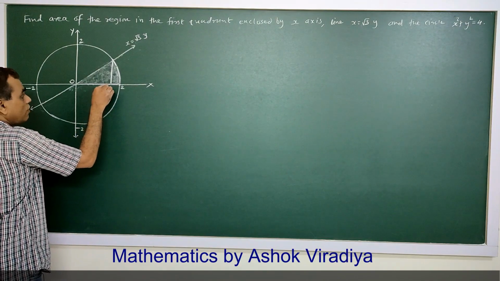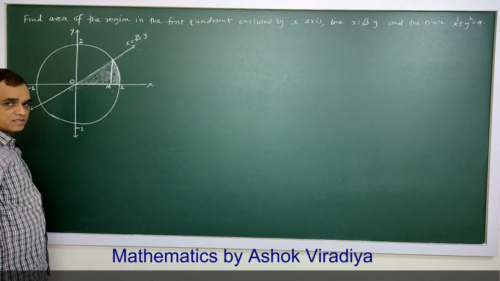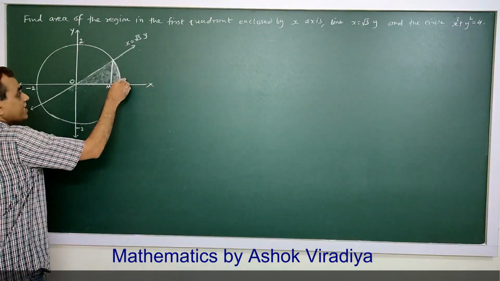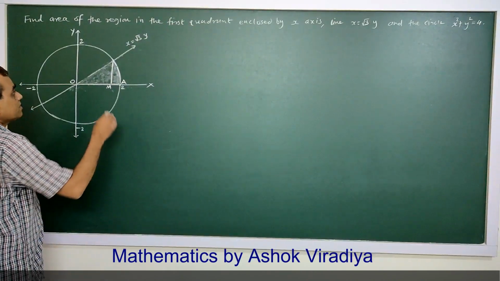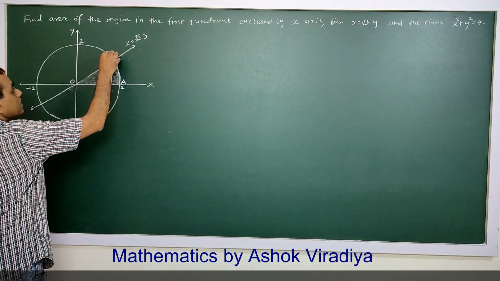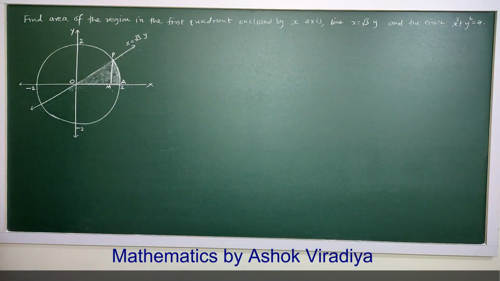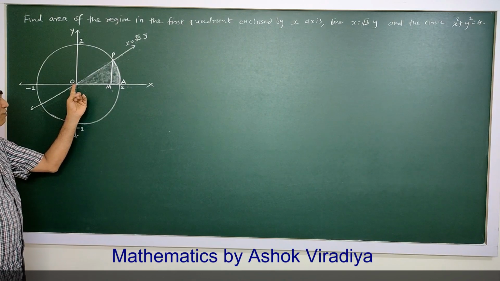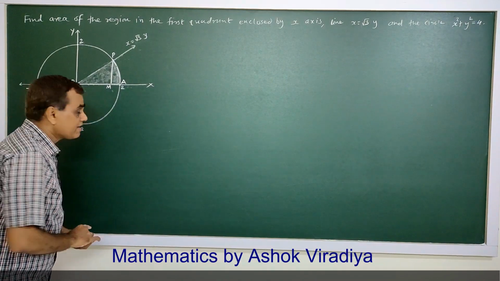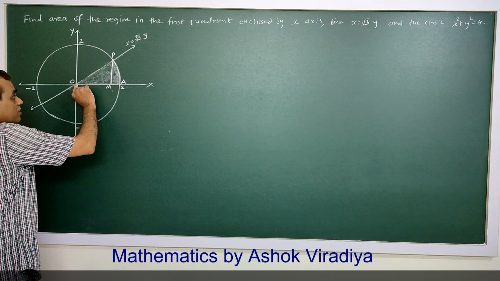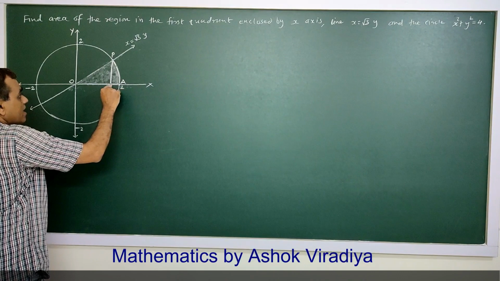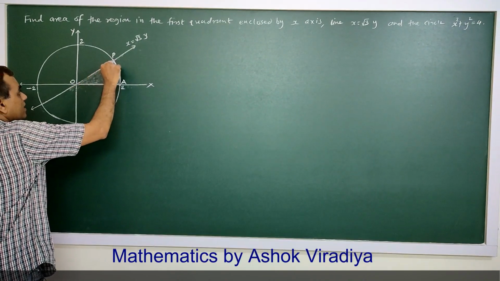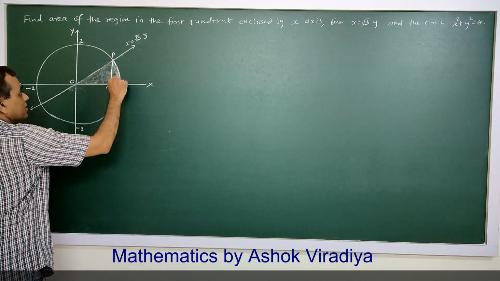If this is the foot of the perpendicular, this point is A, and this point, suppose, is P, then the area of the required region is the area of this region OPAMO. This is the required region.